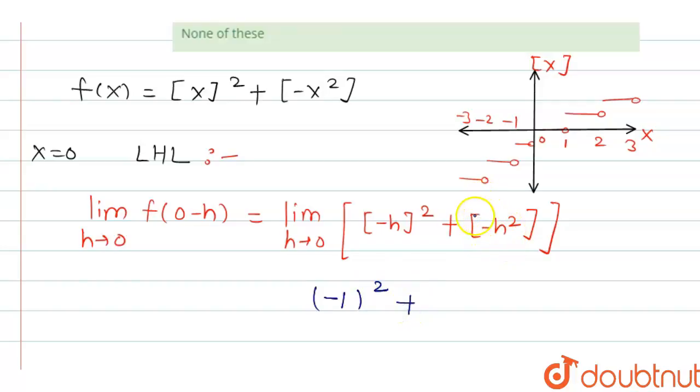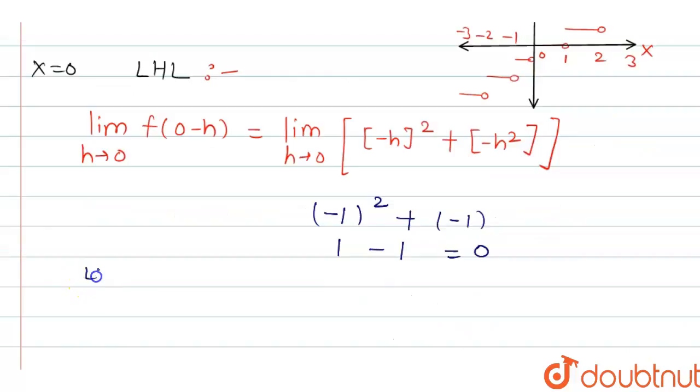This quantity is a little bit less than 0 but greater than minus 1, so its square is also between 0 and 1, and this quantity also equals minus 1. So we get plus 1 and minus 1, which equals 0. This implies the left hand limit is equal to 0.